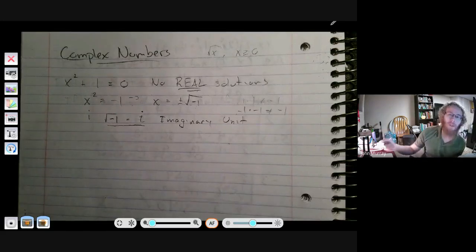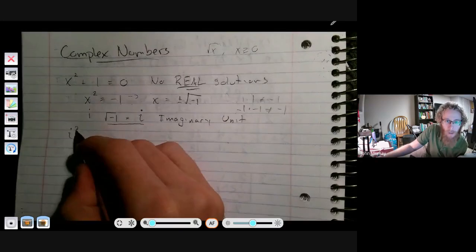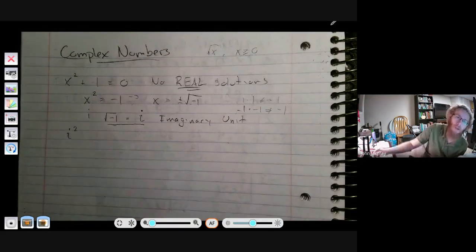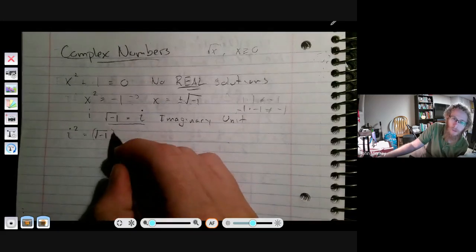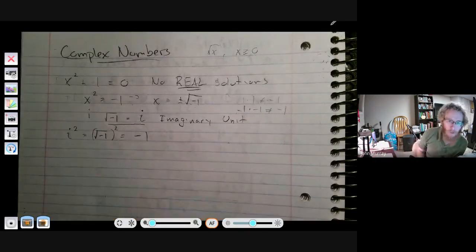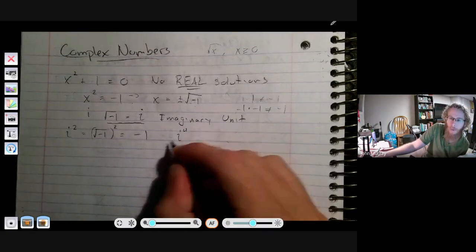We have some properties of this. If I had i squared, well, that would be the square root of -1 squared, which would just be -1. And then we also have i to the 4th.